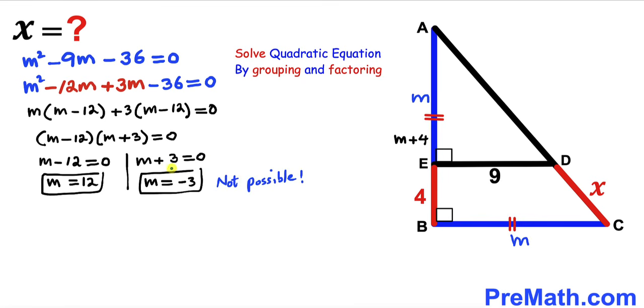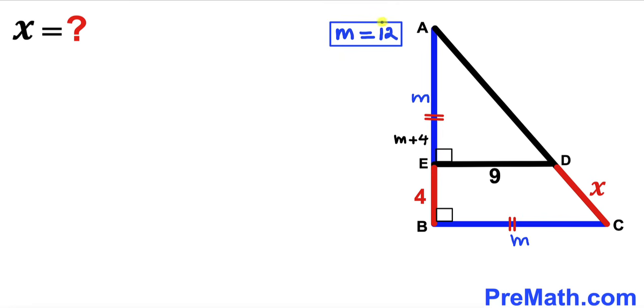A negative m value is not feasible since m represents a side length. So we are going to reject the negative value of m, and accept m equals positive 12. Thus our m value turns out to be 12.